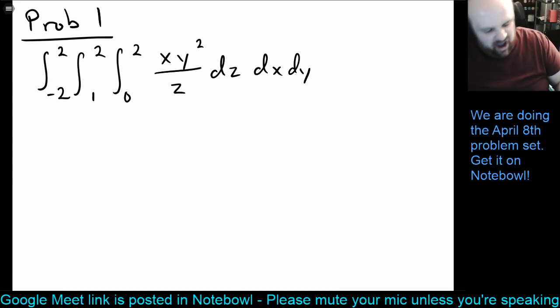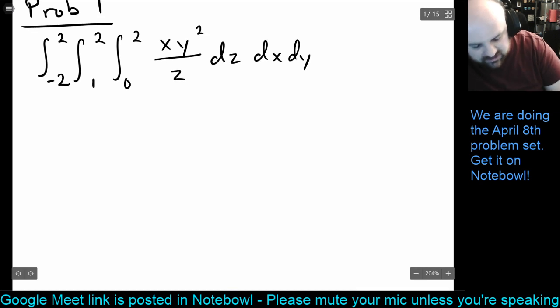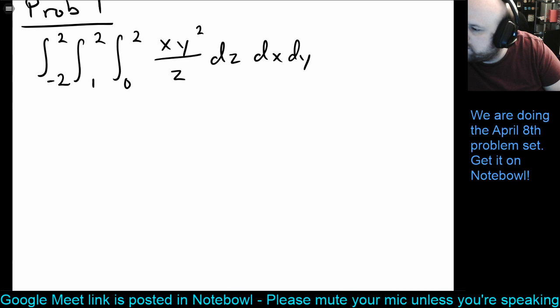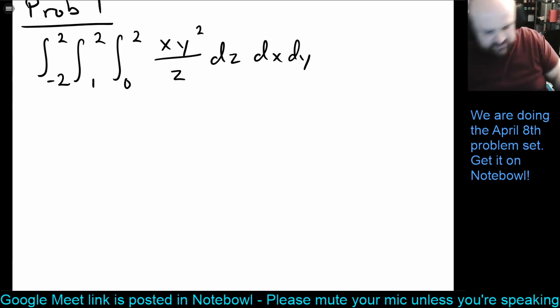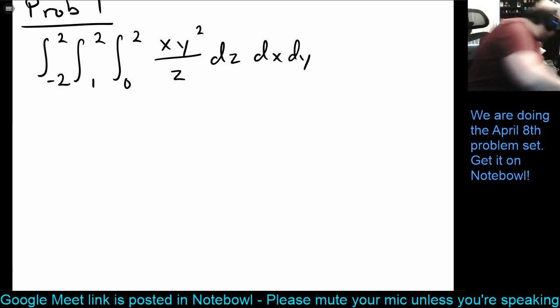All right. So hopefully you've had a chance to sort of get started here. Wasn't this example supposed to have an ln in it? Whatever, that's fine. Yes. Hold up. I think I messed up the bounds on z here.